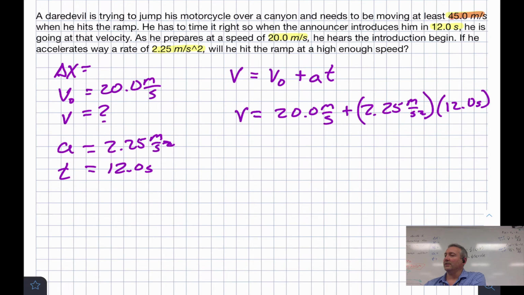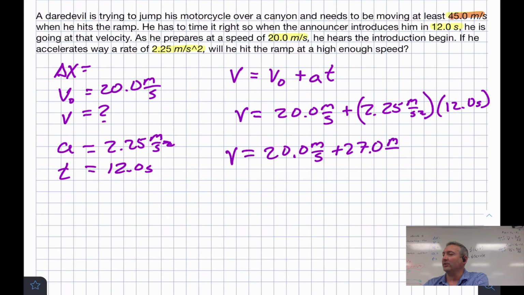So the 20 meters per second is how fast he would be going if he didn't accelerate, and the a times t is how much his velocity changes. 2.25 times 12, well, 2 times 12 is 24, 0.25 times 12 is 3, so we're looking at 27 meters per second. So 20 meters per second plus 27 meters per second.